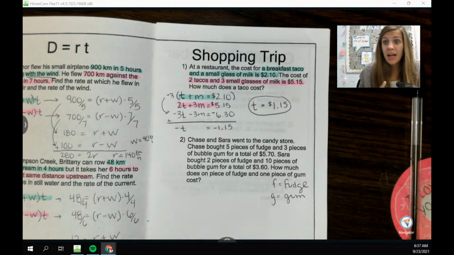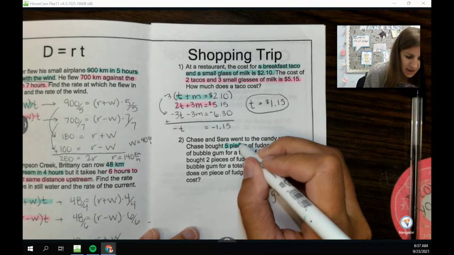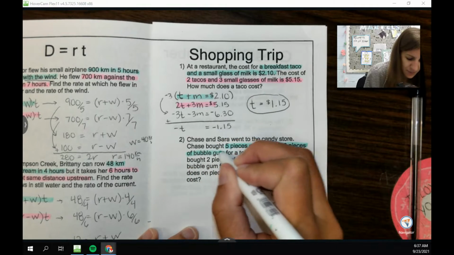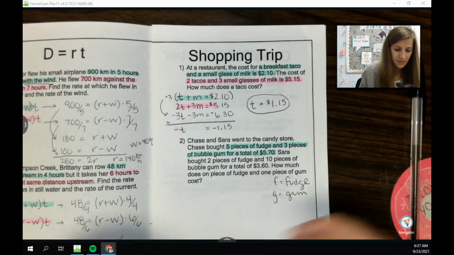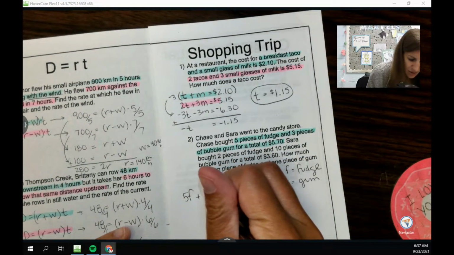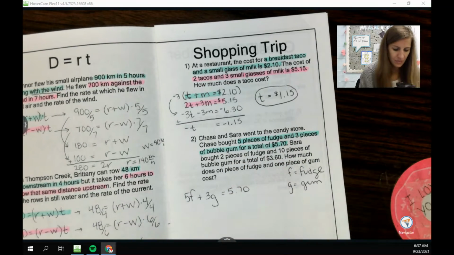And here I have 2 different purchases. So we're going on that little shopping trip, and Chase is getting 5 fudge and 3 candy, or I'm sorry, 3 gum for $5.70. So 5 F's and 3 G's for $5.70.